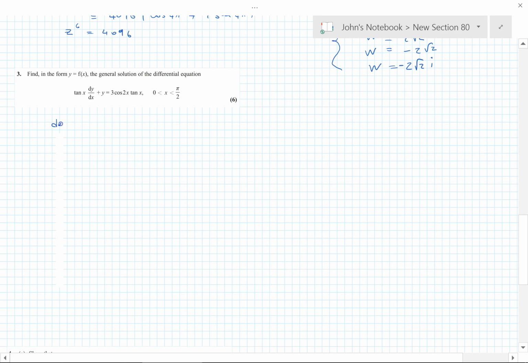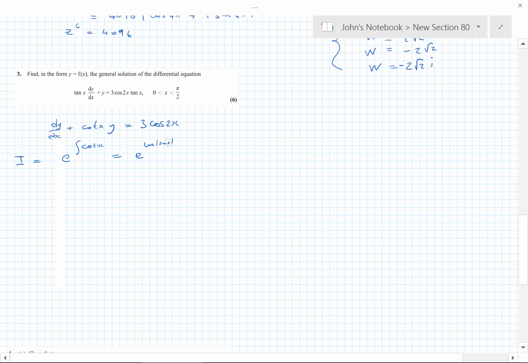So we get dy by dx plus cot x y is equal to 3 cos 2x. So the integrating factor is e to the integral of cot x. Now, the integral of cot x is ln sin x, or ln mod sin x.